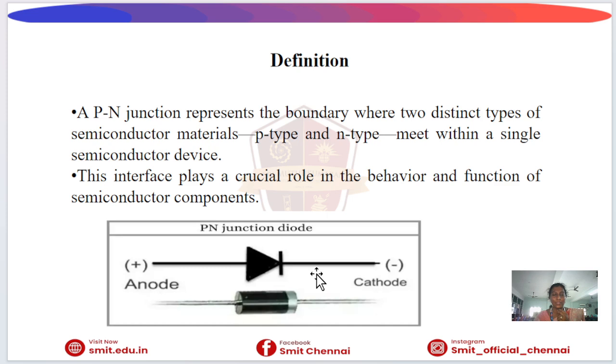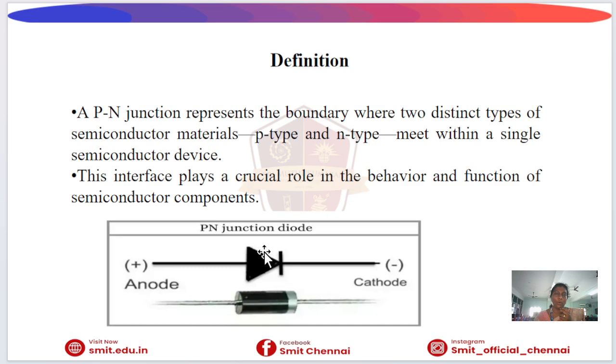P-type semiconductor carries the majority of holes and the minority of electrons, for example, silicon doped with boron or gallium. For N-type semiconductors, the majority carriers are electrons and the minority carriers are holes, for example, silicon doped with phosphorus or arsenic.